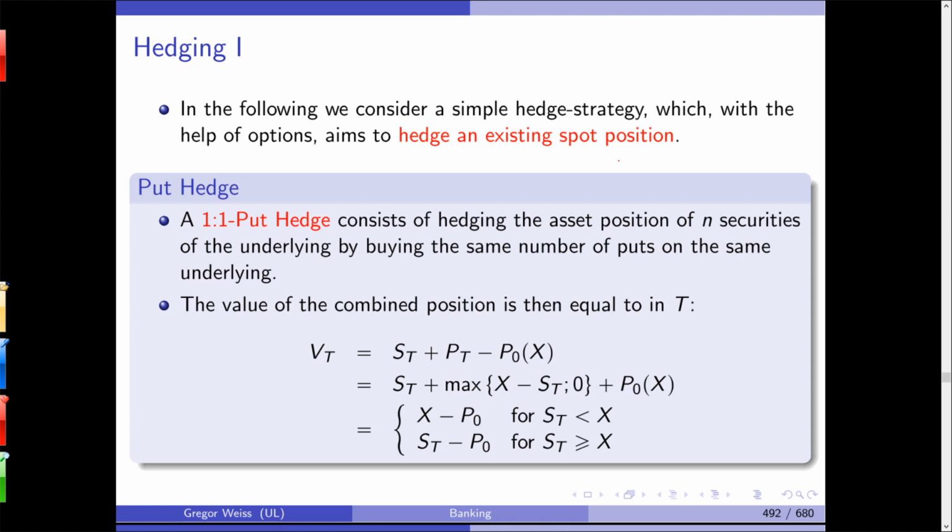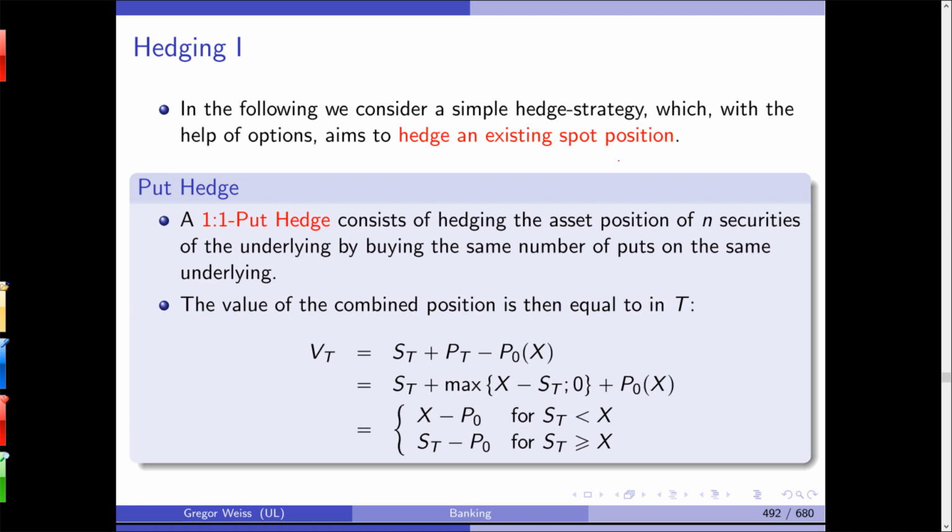So in the end, I get what? My position looks like this. I have one stock, I can sell it at ST, that's the spot price at maturity, so I get the stock price. I will get the put value, and I will have to pay for the put before, at time t equal to 0.